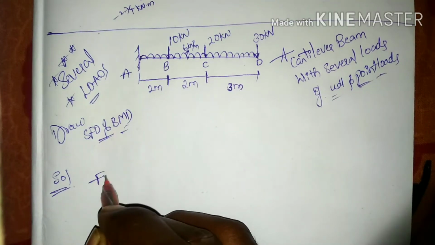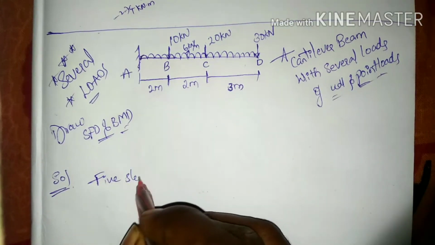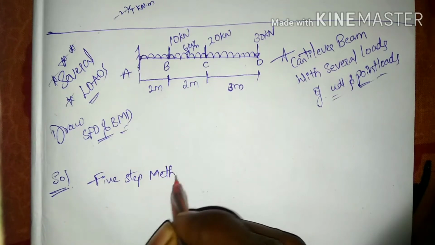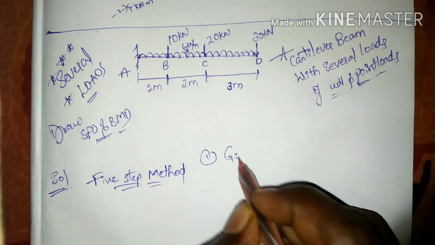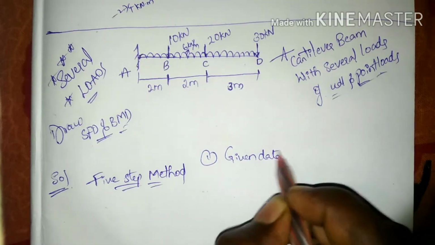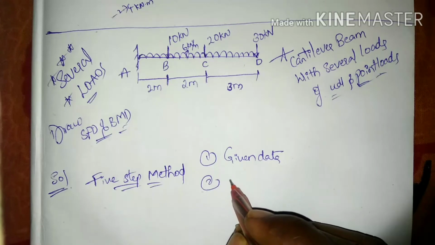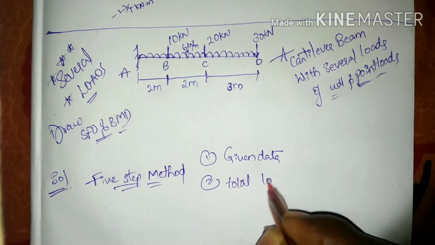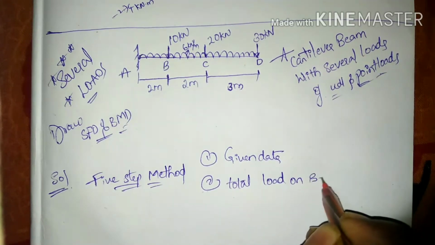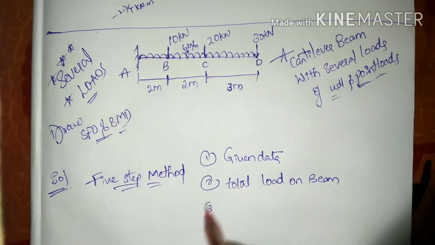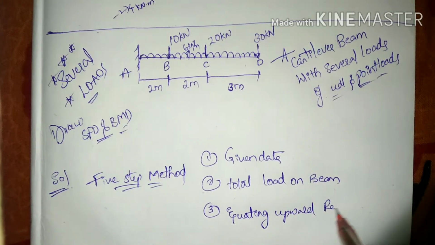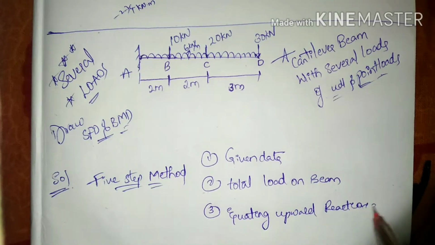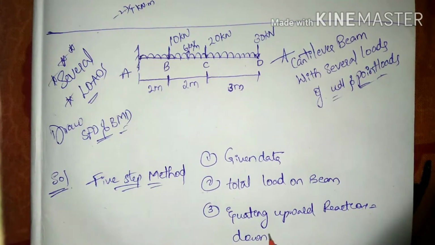According to our 5-step method: number 1, given data. Number 2, total load on beam. Number 3, equating upward reactions equal to downward forces.